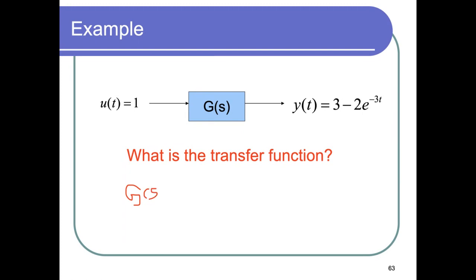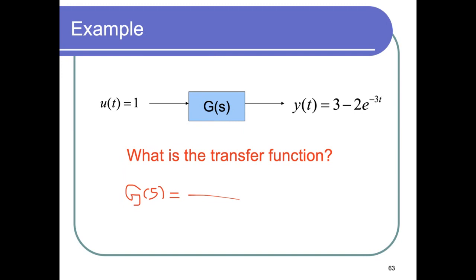G of s is equal to what? Can somebody help me? Output over input, or Laplace transform of the output over Laplace transform of the input?